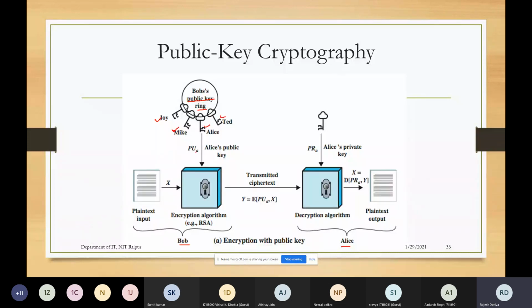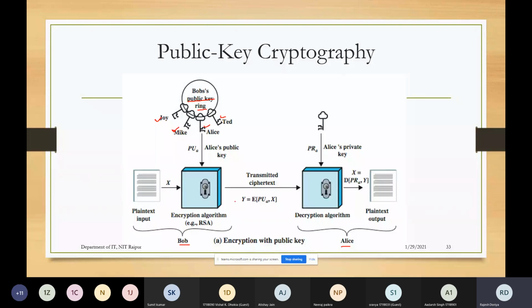That means Bob can communicate with these persons, since Bob has their public keys. Initially, the persons who want to interact with Bob have provided their public key to Bob. The moment Bob wants to communicate with any one of them, Bob can use their public key.